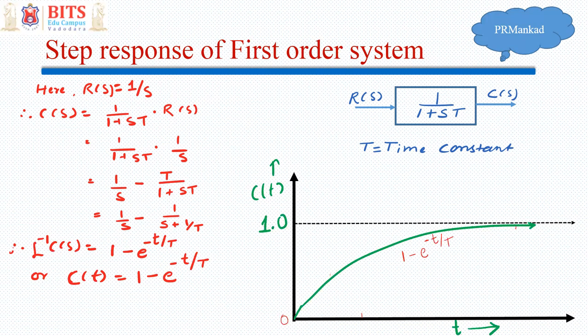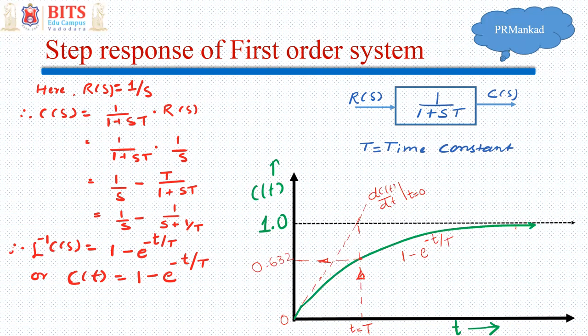Now, if I want to compare two systems, I need certain parameters. First is capital T, or the time constant. How is it defined? If at t equal to T, the system output is 63.2 percent, or 0.632, of the final value, then the time at which I get 63.2 percent of the final output value is the system's time constant.